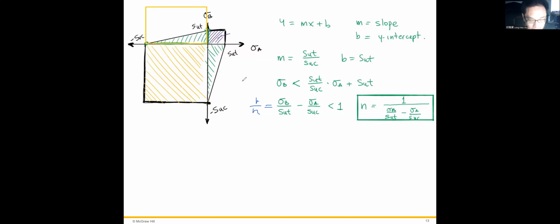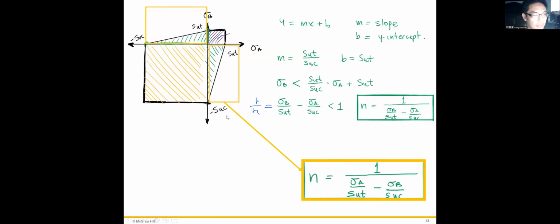The similar process applies if the stress condition lies in the fourth quadrant. We have to find the linear equation, the slope and the intercept. I'm going to skip those steps because it's the same process.